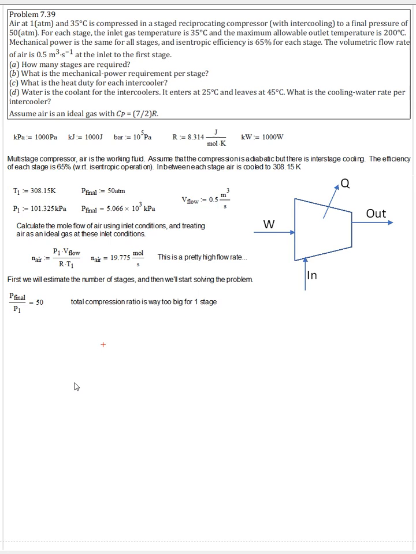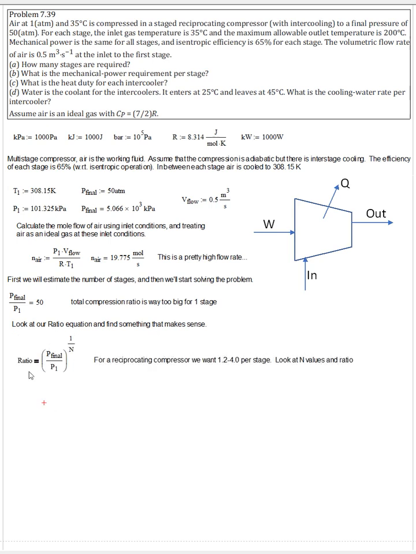That's way too high for a single stage compressor, so we're going to have multiple stages. How many stages will we need? Your book doesn't have this equation, but our handbook does. For a reciprocating compressor, we want our pressure ratio for each stage to be somewhere between 1.2 and a maximum of 4 per stage.